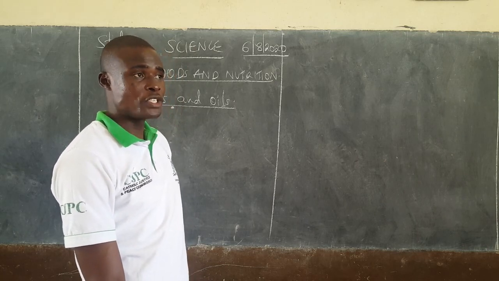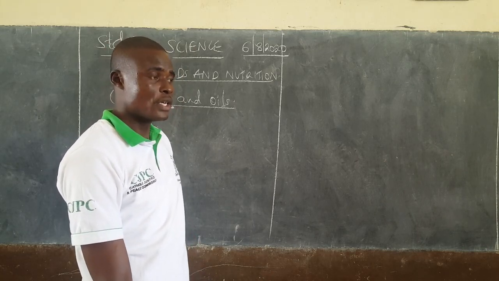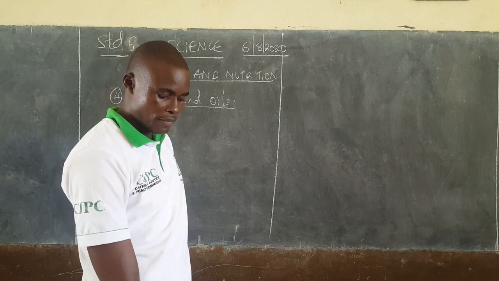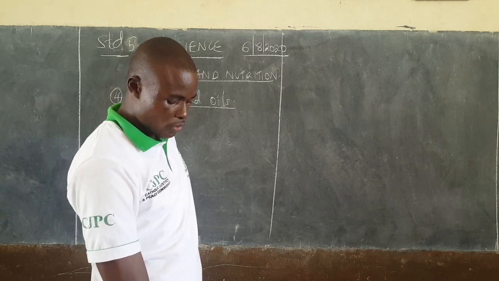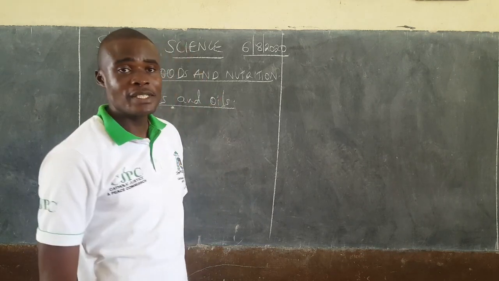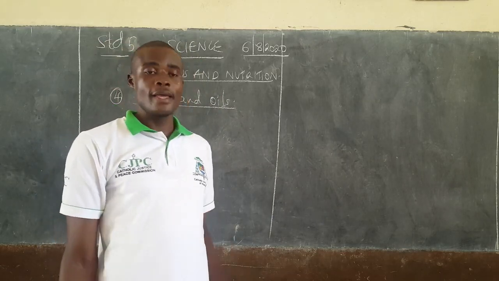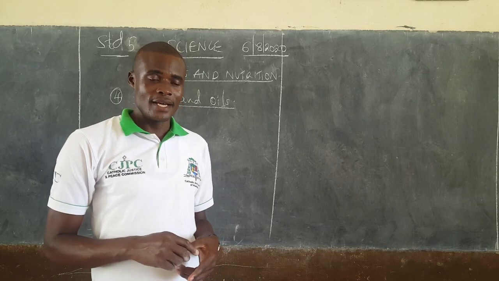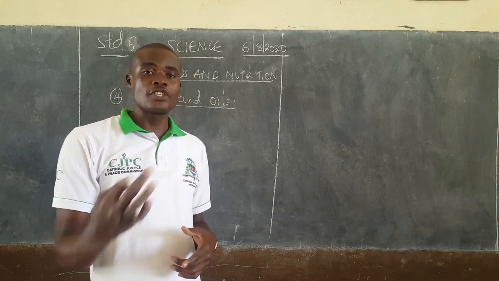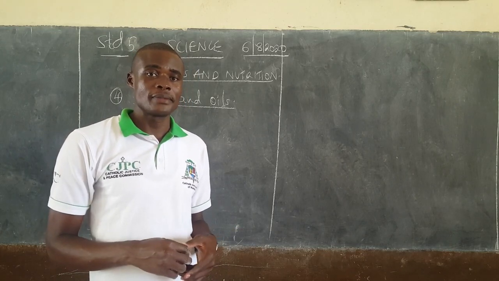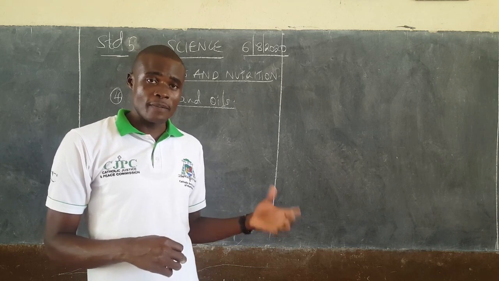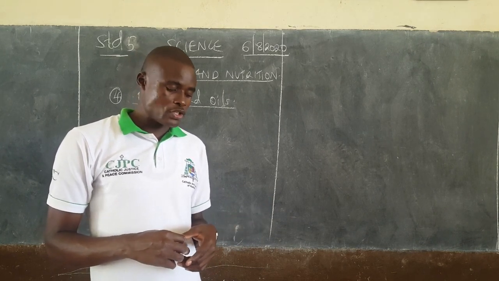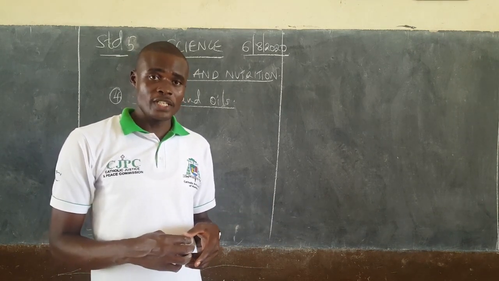We mentioned proteins, carbohydrates, and vitamins. Under vitamins, we mentioned vitamin A, B, C, D, E, and K, and the source of every vitamin. As we mentioned very clearly, I wrote them down. And then lastly, we mentioned the uses of every vitamin.